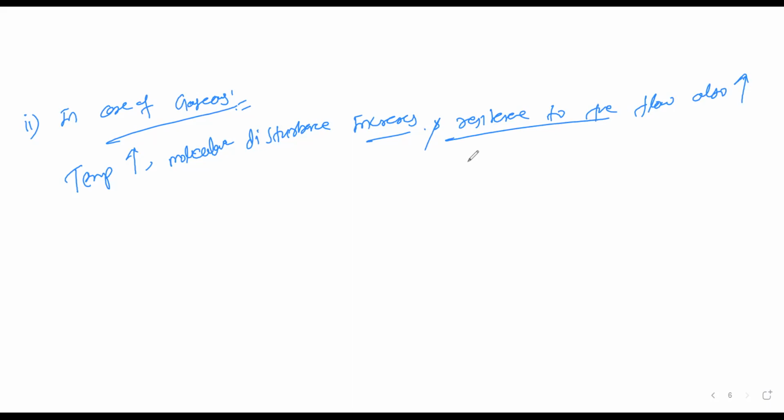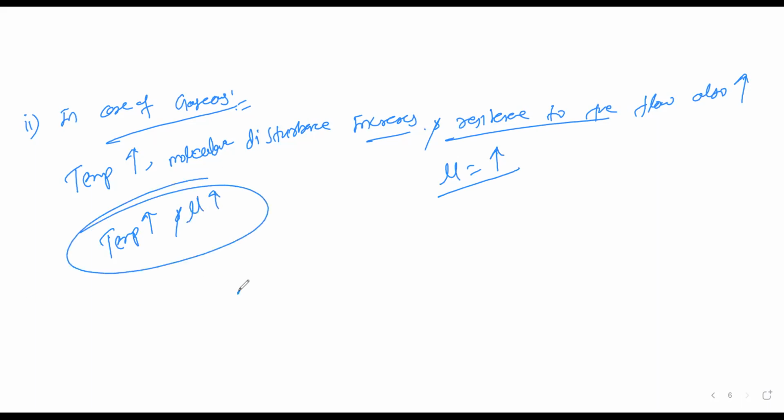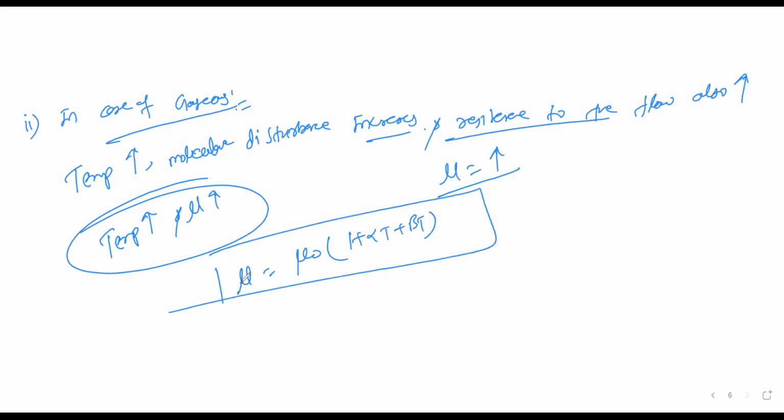If resistance increases, it means the viscosity must increase. So in the gaseous case, remember that if the temperature increases, the viscosity also increases. So the viscosity is directly proportional to temperature in the gaseous case, where alpha and beta are constants.